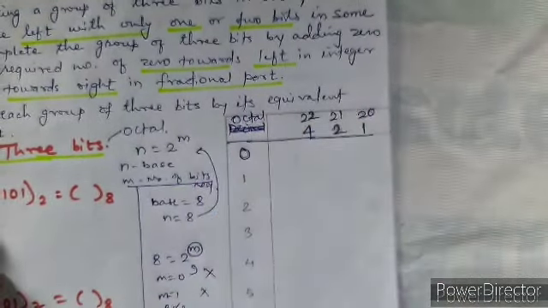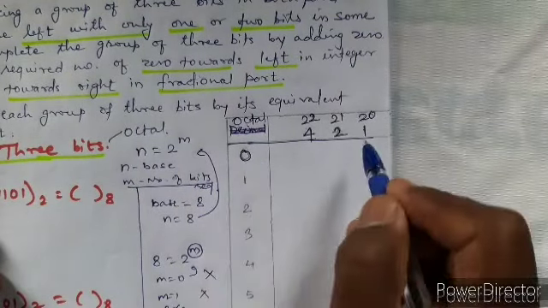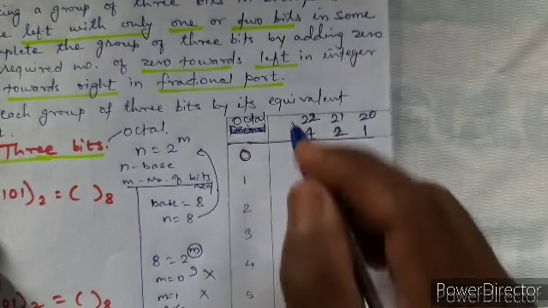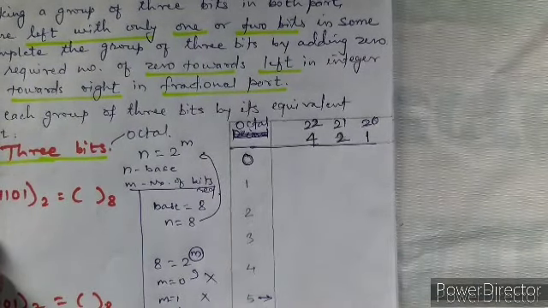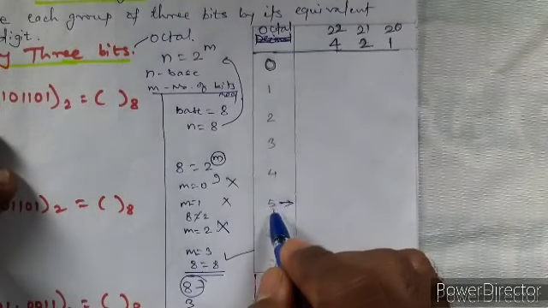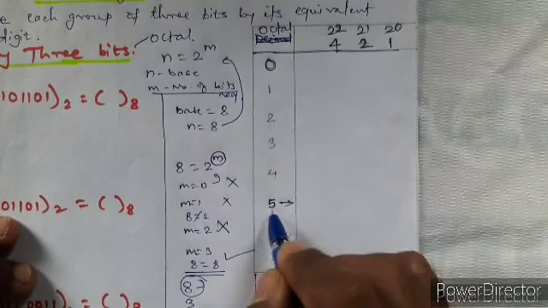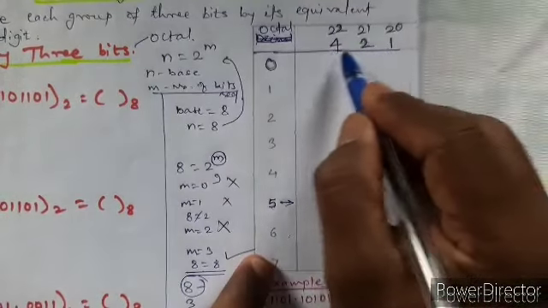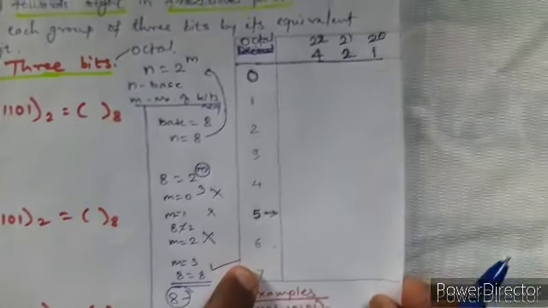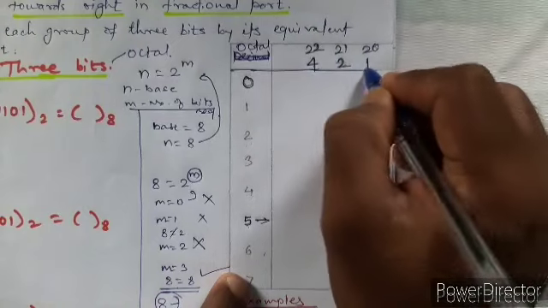Now, if this is an octal number, and I want to have the binary of this octal number, I'll take an example, say 5. So if I want the binary form of this octal number 5, from these 3 bits, how is 5 formed? 5 is formed with the help of 4 and 1.